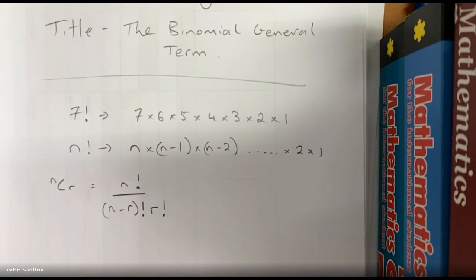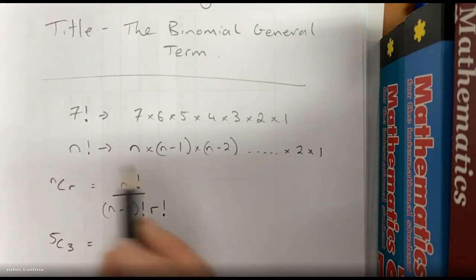So towards the end we did one example of that. We remembered it was 5 nCr 3, so 5C3 it'll be called. Let's do that example out again.